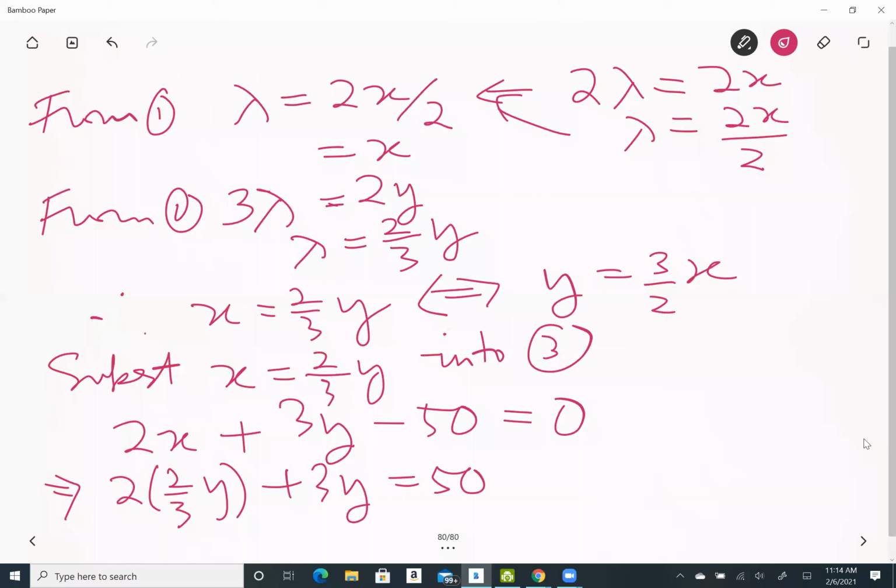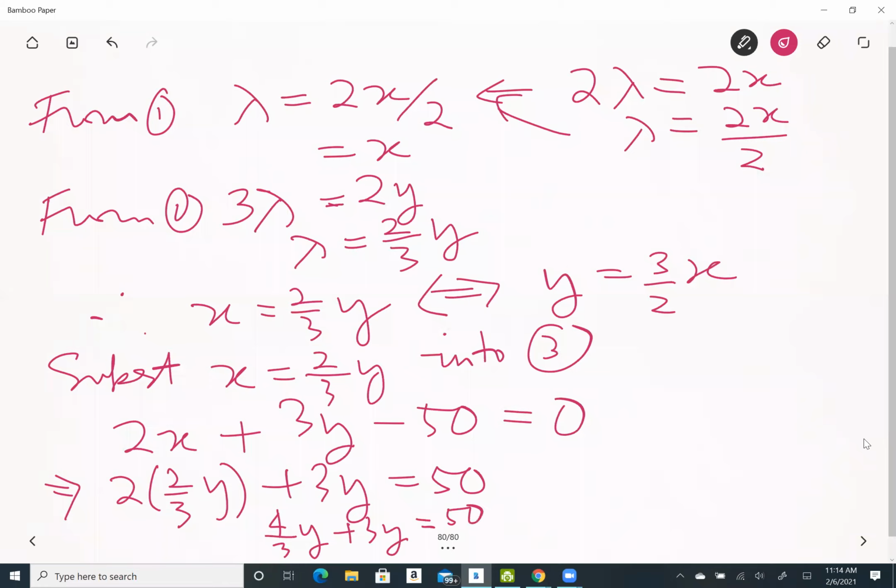You see here, everything now is in terms of y. So you can solve for the y. Betul ke ni? X equal lambda is 2 over 3y. Betul ya? Okay. So that is 4/3y plus 3y equal 50.